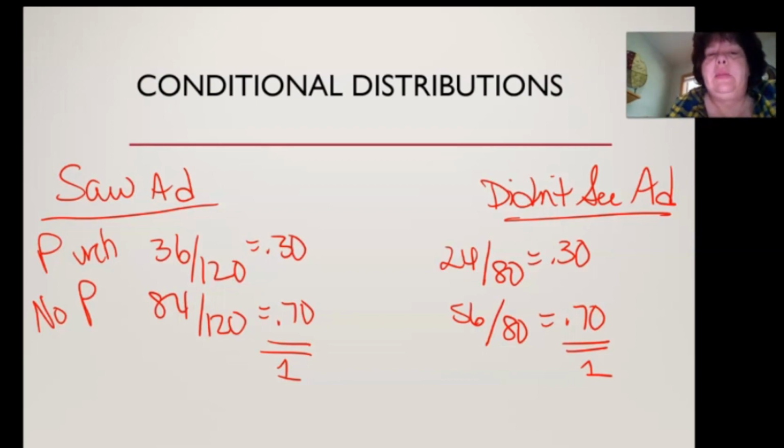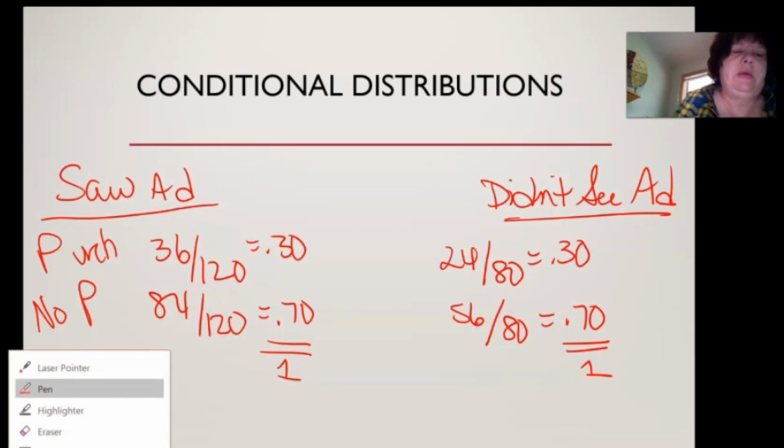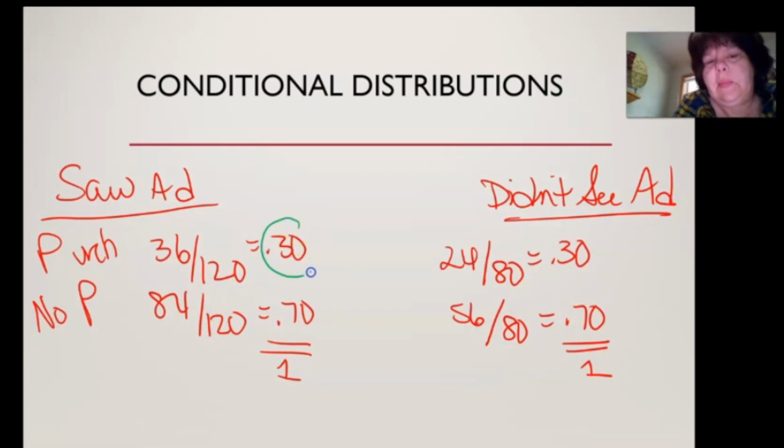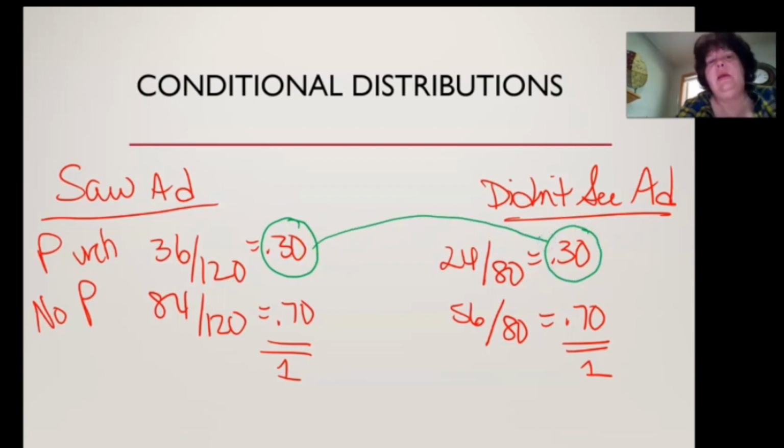And now we're going to compare these groups. Okay, how would we compare them? Well, we're going to look at the numbers that correspond and see if they're the same or not. So in either case, no matter if you saw the ad or not, 30% made a purchase. So seeing the ad didn't do anything.